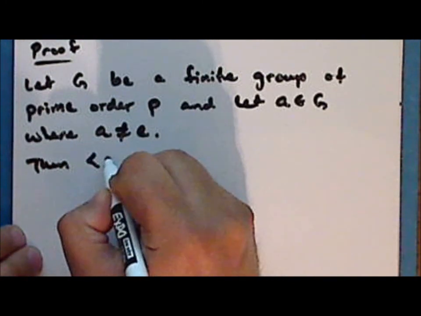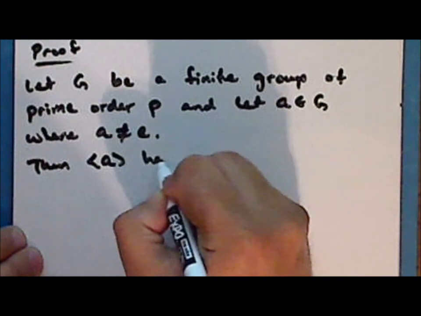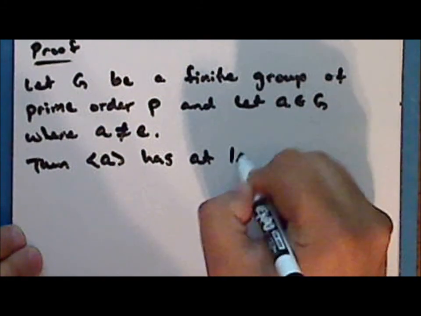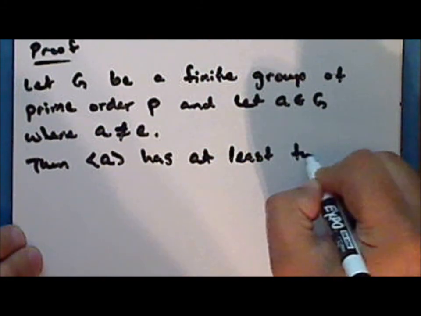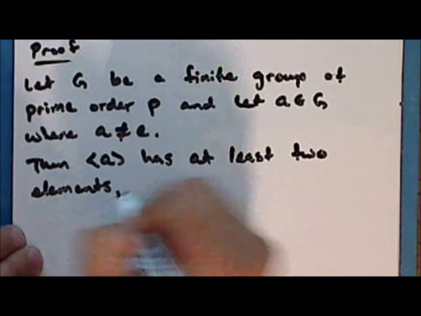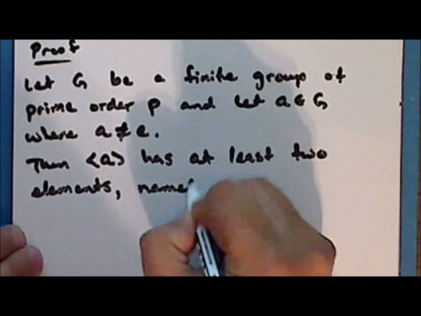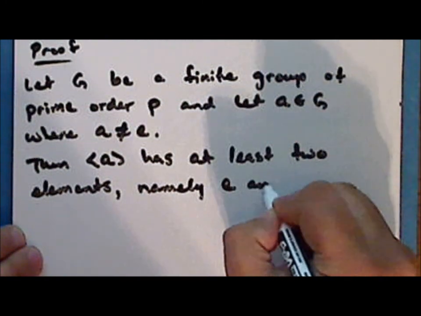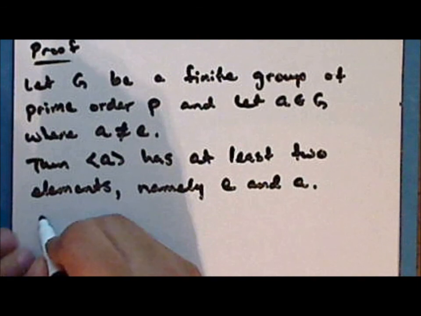Then the cyclic subgroup generated by A has at least two elements, namely the identity and the element A.